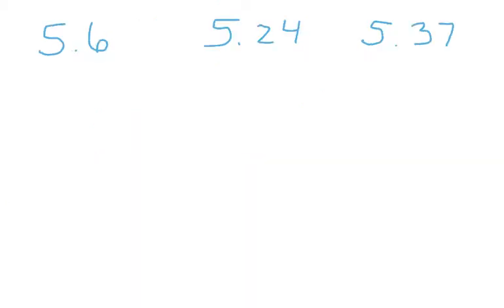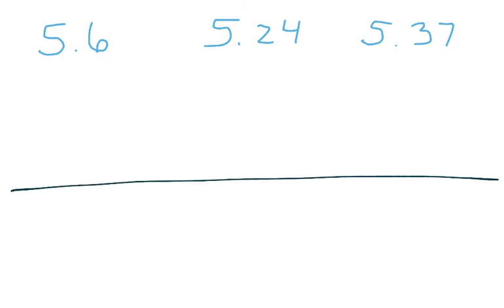We can also use number lines to order decimals. So again, it's very important to see where the difference lies. The ones place is the same. It's the tenths place that is different. My smallest tenth is 2. My largest tenth is 6, and there's nothing after it, so my last one can be 6.